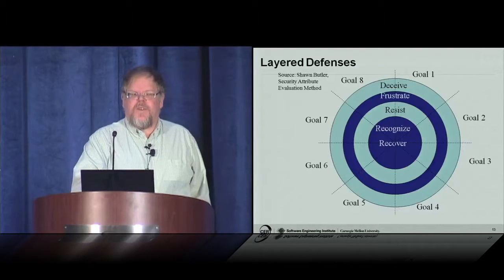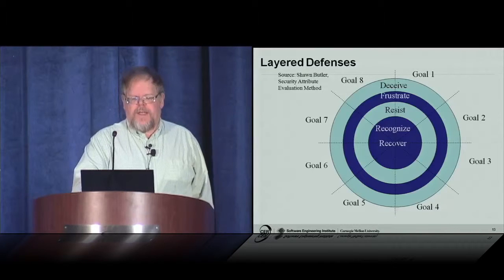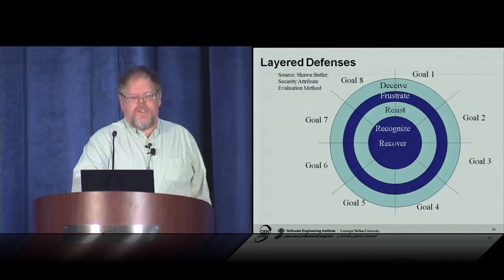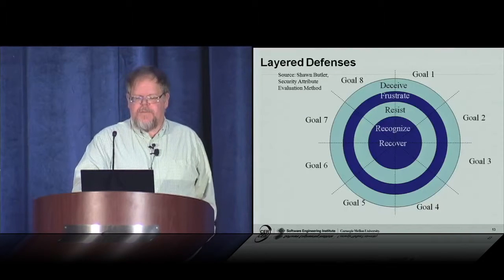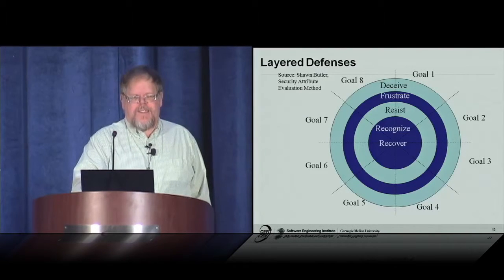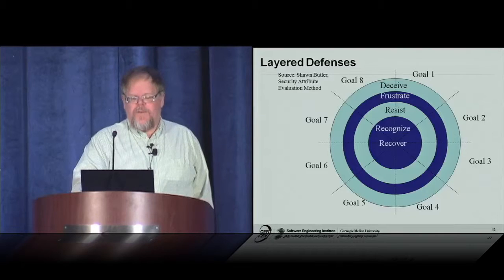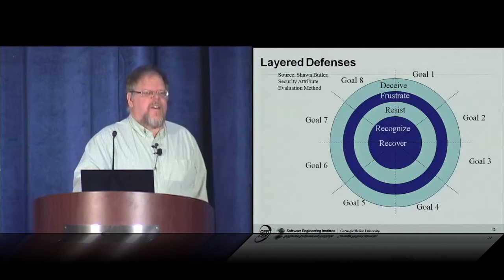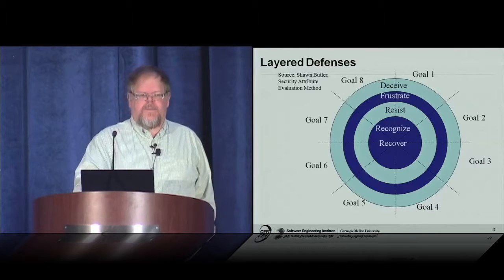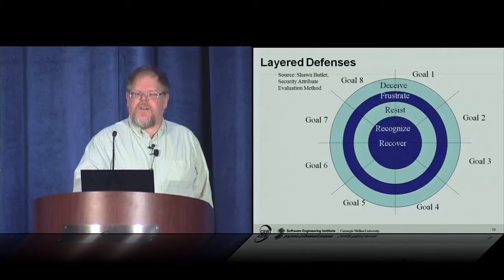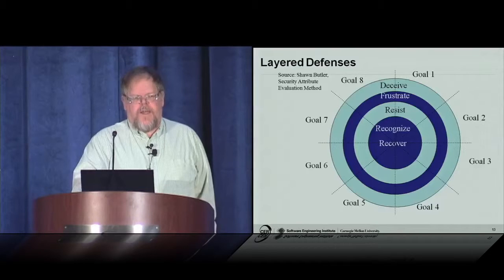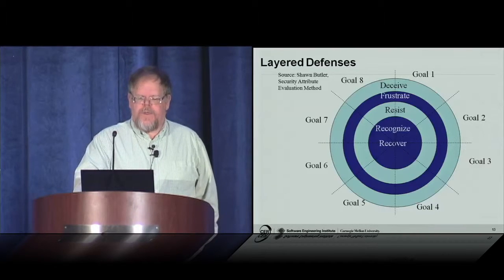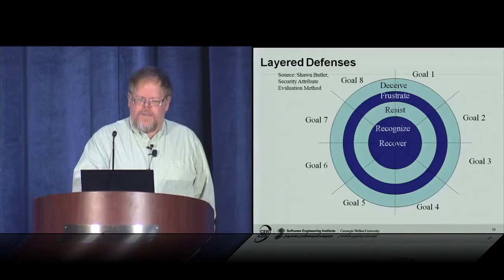Generally you want to put your effort at deception and frustration first, largely because these tend to be more static mechanisms and they tend to involve less damage to the network than if we have to put our focus of effort in resistance, recognition, or recovery. In particular, recognition and recovery are going to be expensive because there the damage has already occurred. And so not only are we putting the staff time in to apply them, but we're also having to deal with downstream or cross-stream effects on dealing with them.